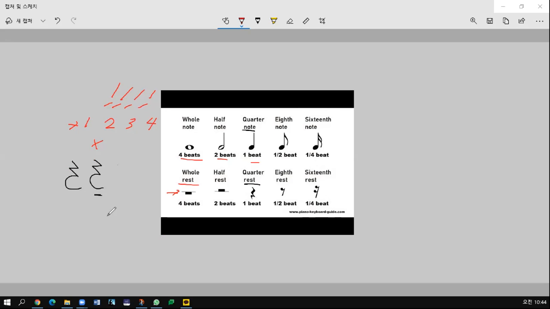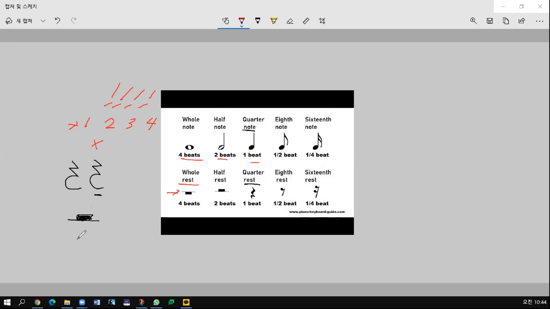Then the half rest looks like a hat. This is the half rest. Instead of a half note, a half rest means you rest 2 beats, like 1, 2.